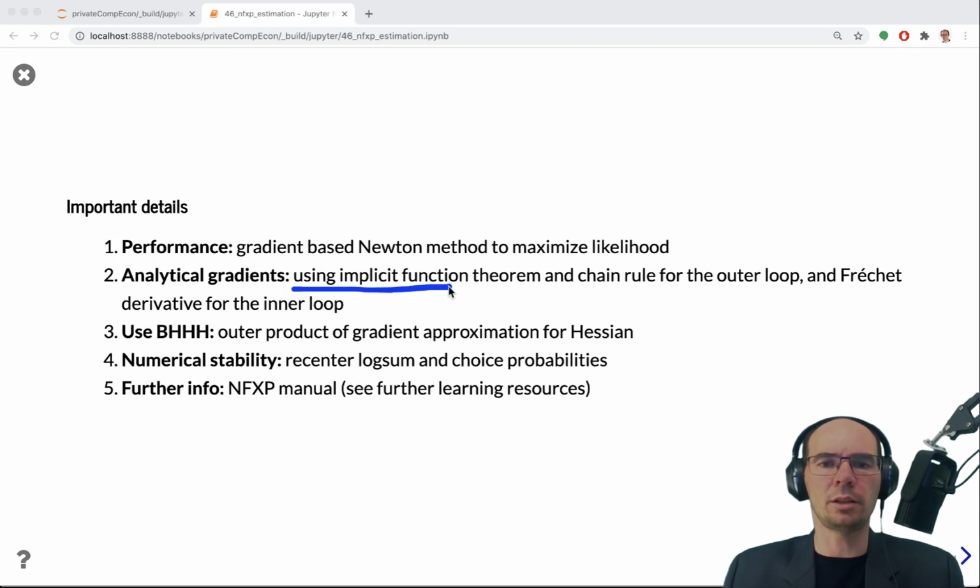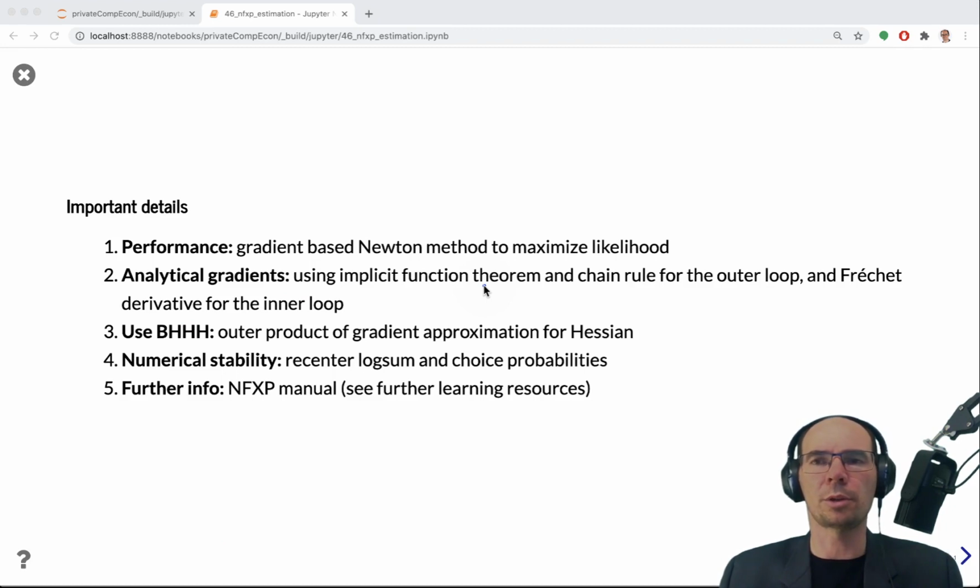And it turns out to be possible to write these analytical gradients for the likelihood, but it requires the use of the implicit function theorem and lots of applications of chain rules. And it also turns out that the Fréchet derivative of the Bellman operator is going to be really useful in calculating the derivative of the likelihood function itself.